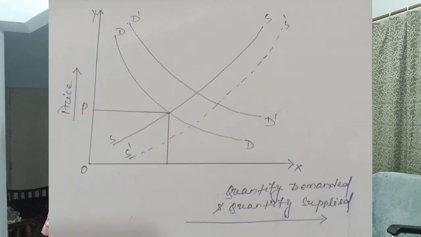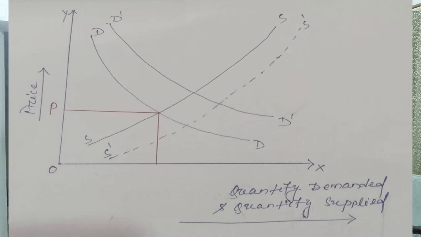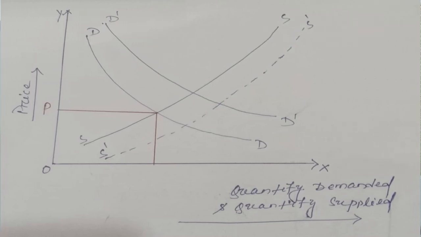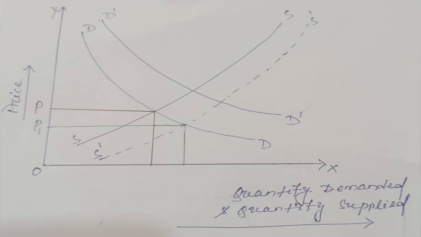It will be in the position of equilibrium only when quantity demanded is equal to quantity supplied. Similarly, a shift in the supply function or the demand function will also lead to a change in the price level. An increase in supply, that is the supply curve coming downwards, will lead to a fall in the price, and in the reverse case, it will lead to a rise in the price.